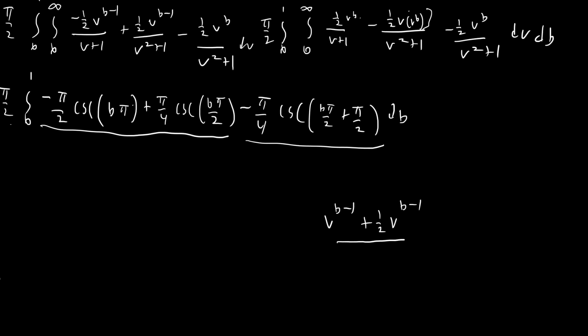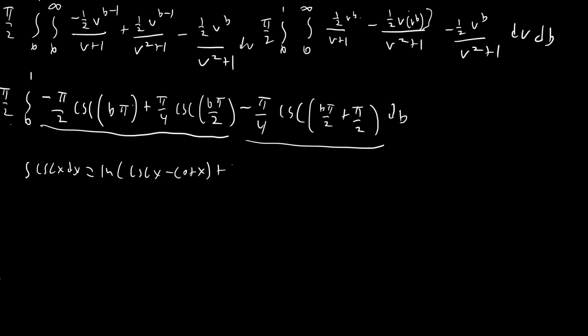It's just annoying because we have to deal with the integral of cosecant x dx equals ln of cosecant x minus cotangent x plus c, right? I'm just going to call this function f of x just to make things easier for us. So let's go ahead and do that.